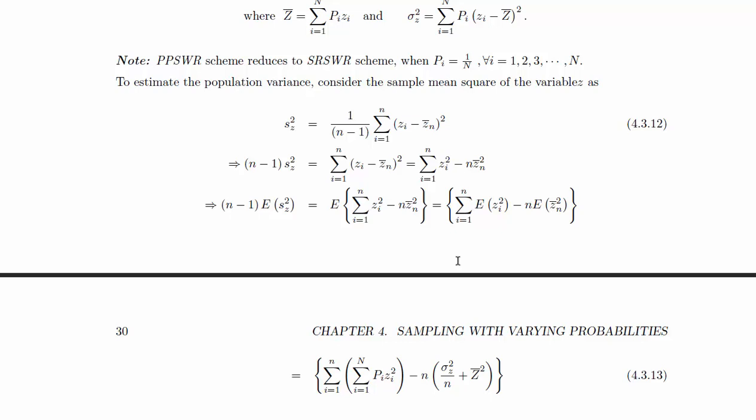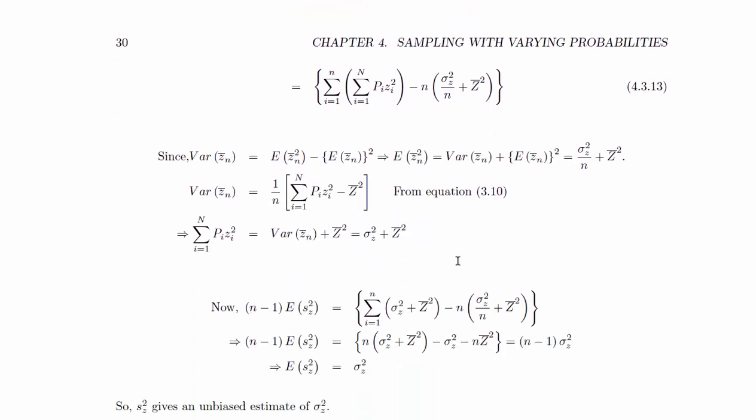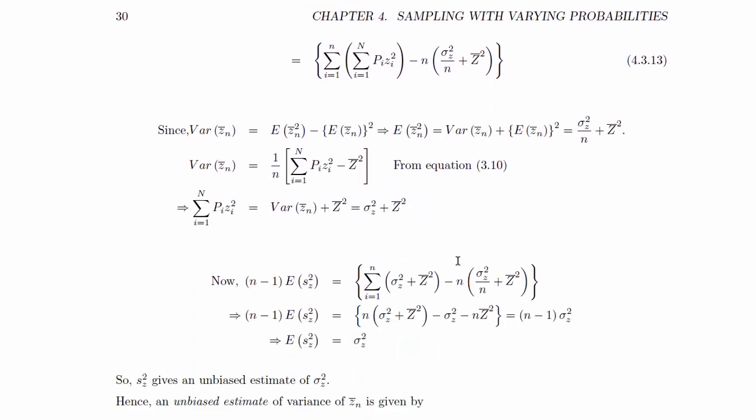Now here we have to find the unbiased estimate of the variance of the sample mean. So this is sigma z square. Likewise, we define small sz square for the sample, 1 by n minus 1 summation i equal to 1 to n zi minus Zn bar whole square. We simplify it just like we were doing in simple random sampling without replacement. So by this we can get expectation of small sz square equal to sigma z square.